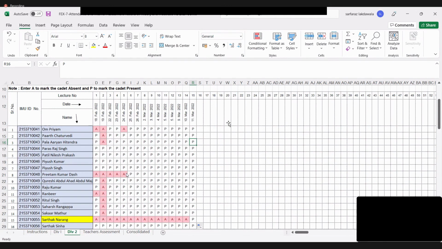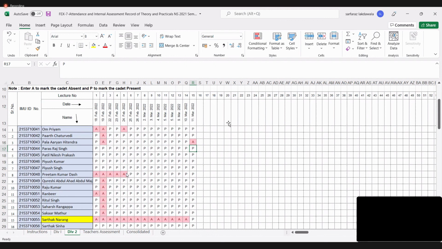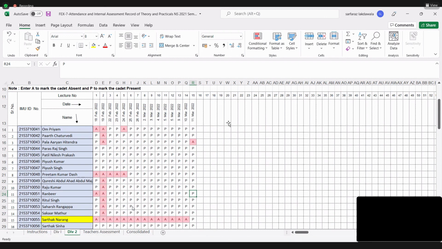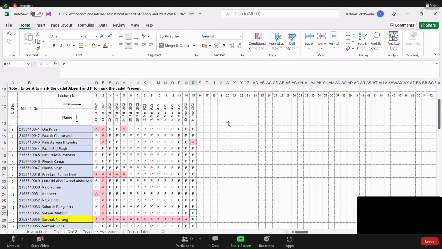Paras Raj Singh, present, sir. Patil Nilesh, present, sir. Piyush Kumar, present, sir. Piyush Singh, present, sir. Pritam Kumar Dash, present, sir. Qureshi Abdul, present, sir. Raju Kumar. Ranbir Singh, present, sir. Ritul Singh, present, sir. Saharsh Rangappa, present, sir. Sakar Mathur, present, sir. Sarthak Sinha.